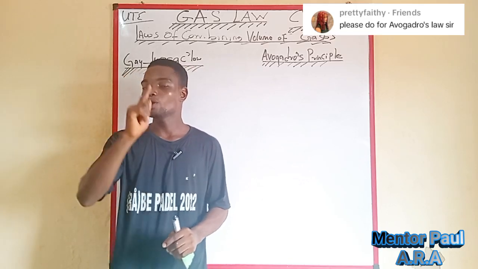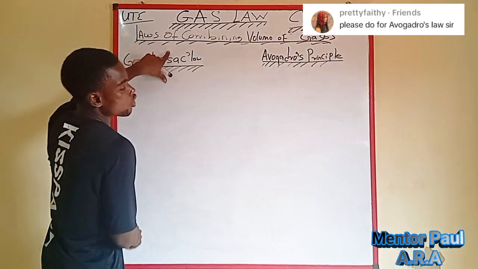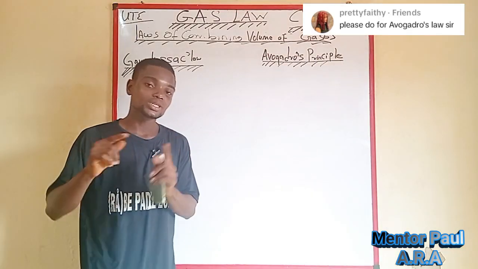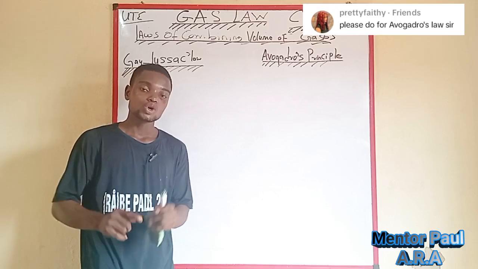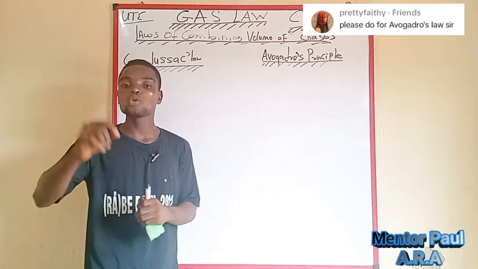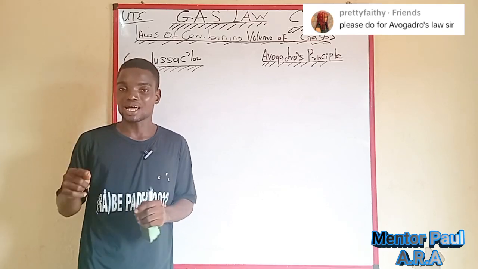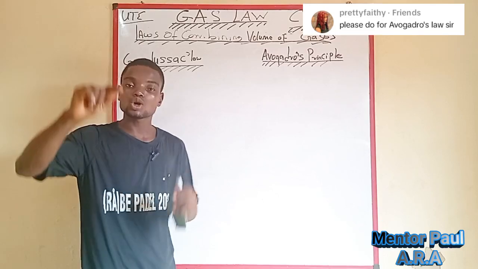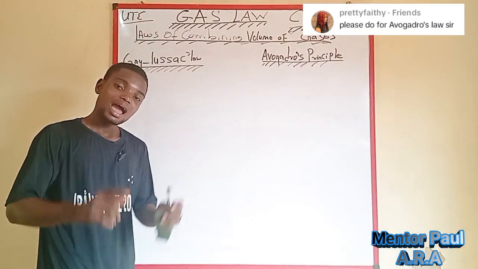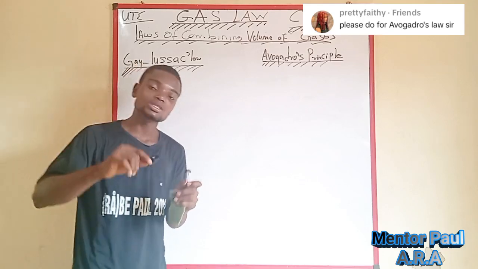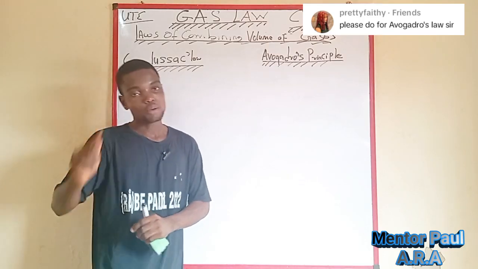You get this? I repeat again. Gay-Lussac law states that for gases to react, they must do so in volumes which bear a simple whole number ratio to one another and to the volume of the gaseous product, provided that those gases are measured in the same condition of temperature and pressure.